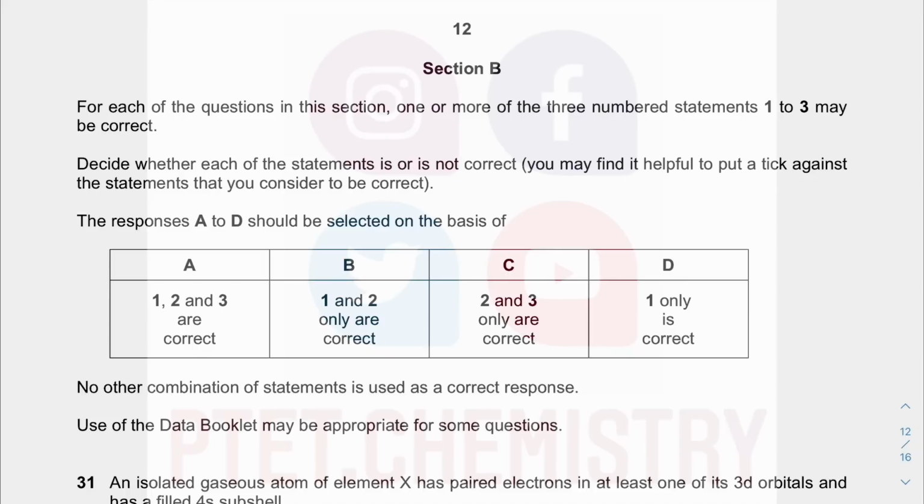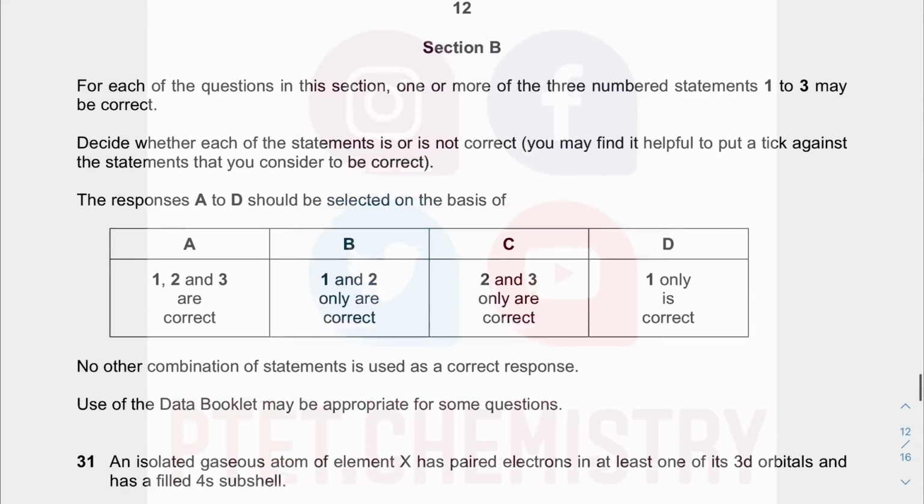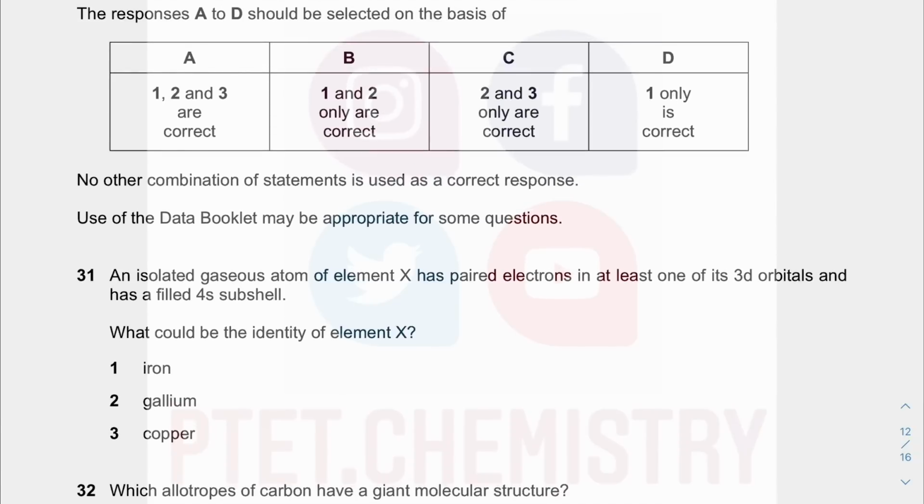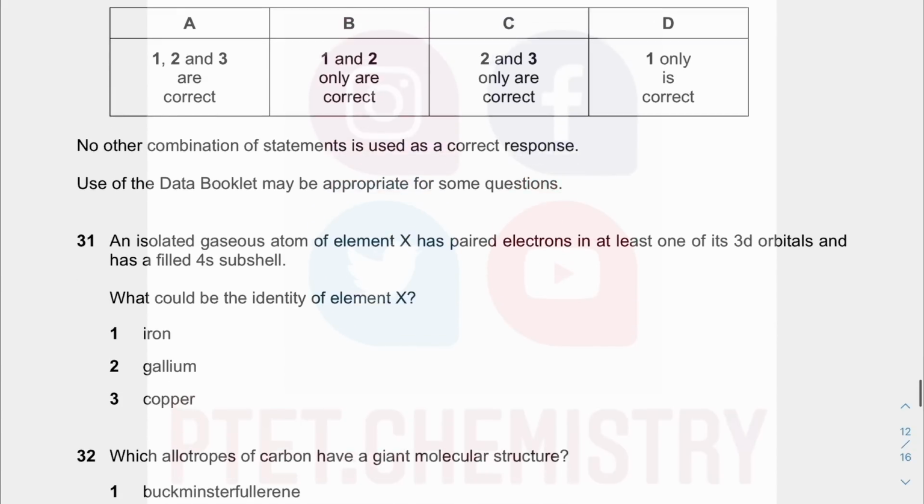Sometimes it's a negative statement that they're asking, all right? So be very careful. Sometimes you could get a correct statement, but it doesn't apply or doesn't follow with whatever they want you to think about in the context of that question. So you need to be very careful with your reasoning and understanding, yeah?